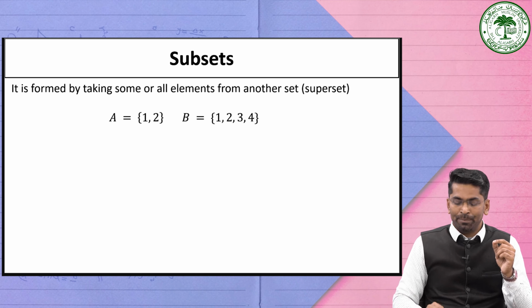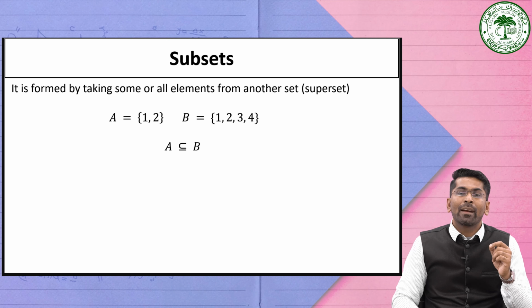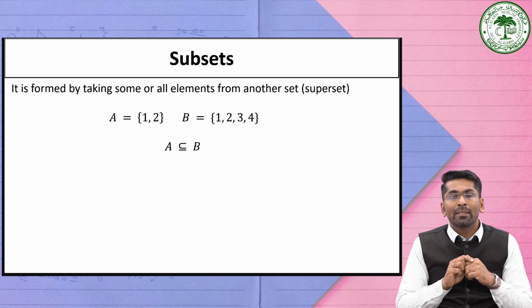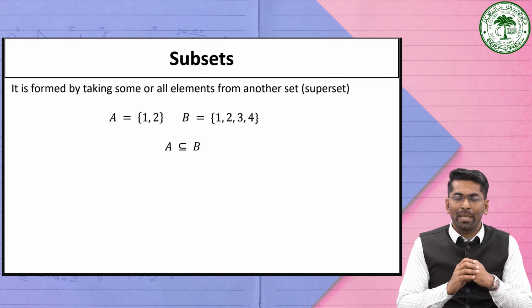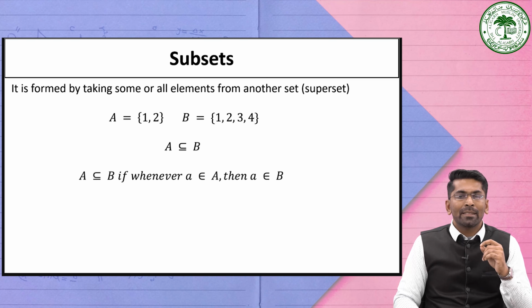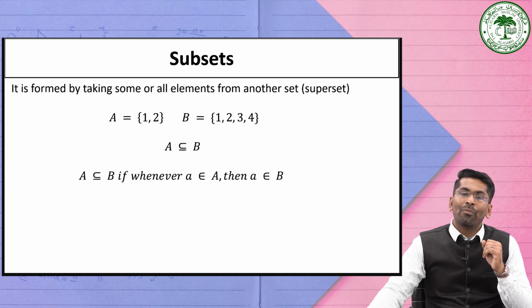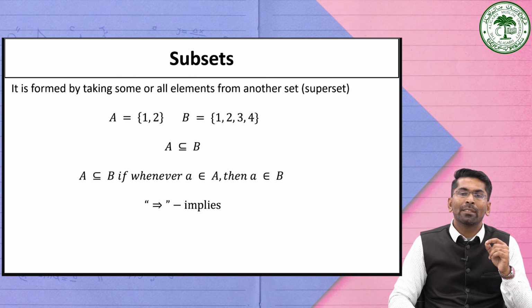In mathematical notation, we can write this as A ⊆ B. Set A is said to be a subset of B if every element of A is also an element of B. We can write A ⊆ B if whenever a belongs to set A, then a also belongs to set B. It is often convenient to use the symbol ⇒, which denotes implies.